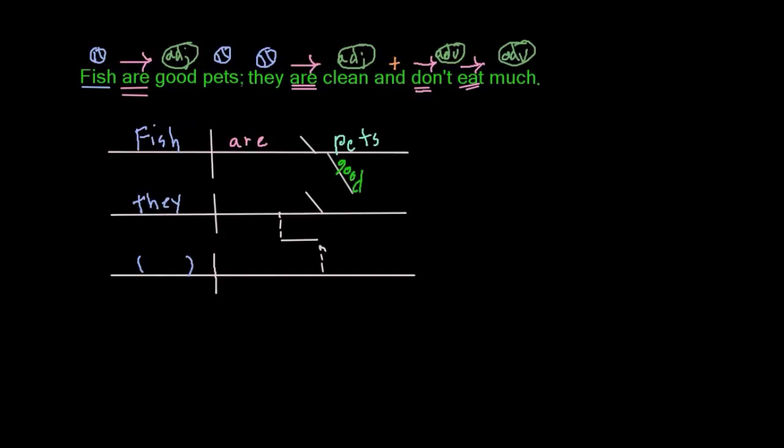The second independent clause, again we have the be verb are, the linking verb, and they are clean, linking they to a predicate adjective, clean. Our subject is understood in the third clause.